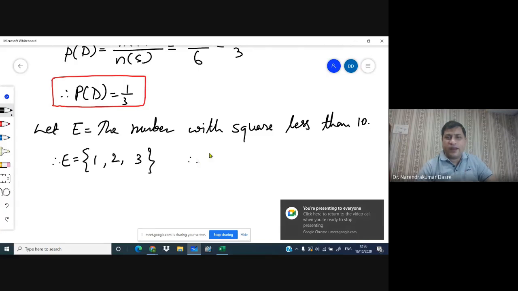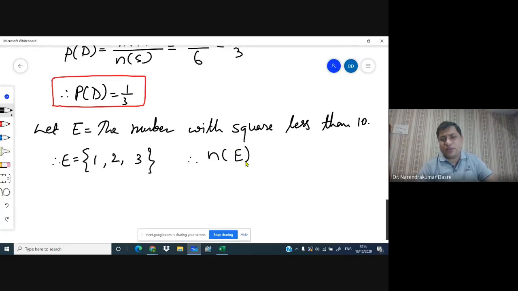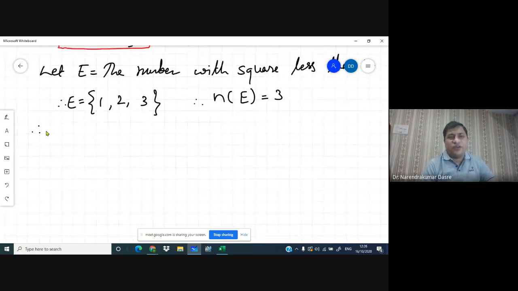So the number of sample points in event E is 3, and hence we have the probability.